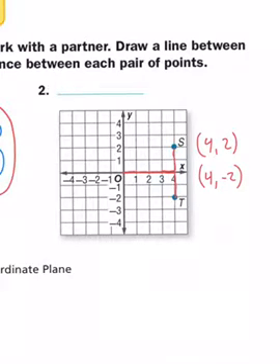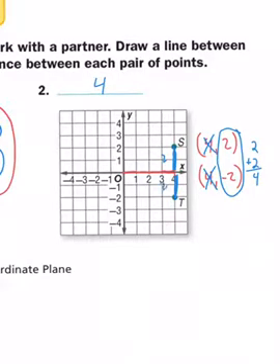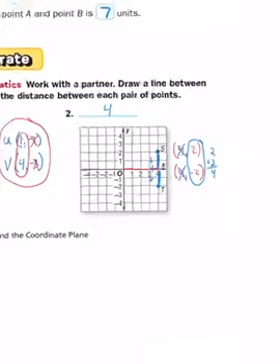So look here for a second. See how the 4s are the same? They don't help us. The ones that are different are the y's, and we add their absolute value. So you do 2 plus 2 to get 4. That's the distance. And if you notice here, this one is 2 from 0, this one is 2 from 0, so we add those to get 4. That's all we're doing. All right.